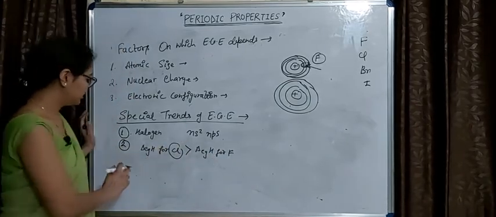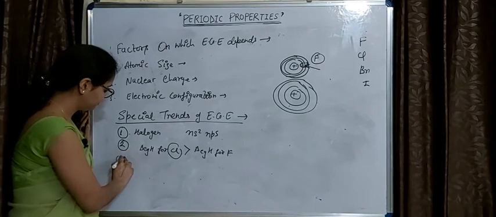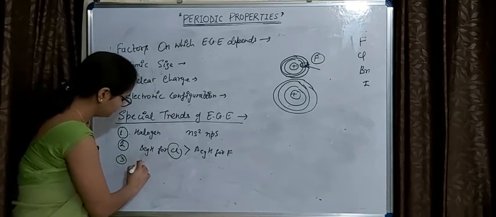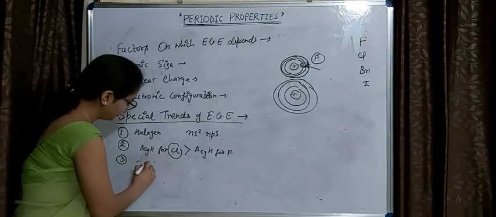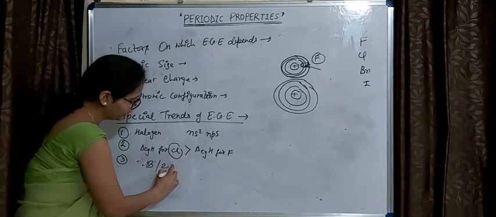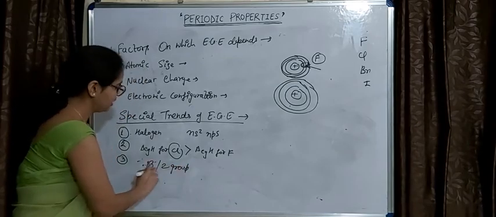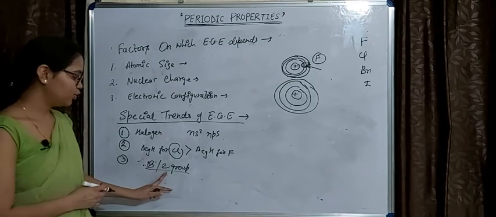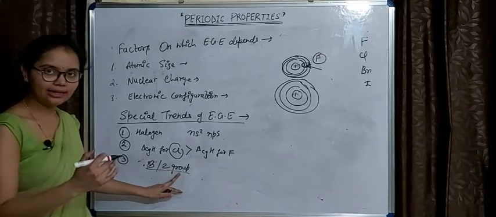Now, third: group 18 and group 2 elements. Group 18 elements are inert gases, and group 2 elements are alkaline earth metals.